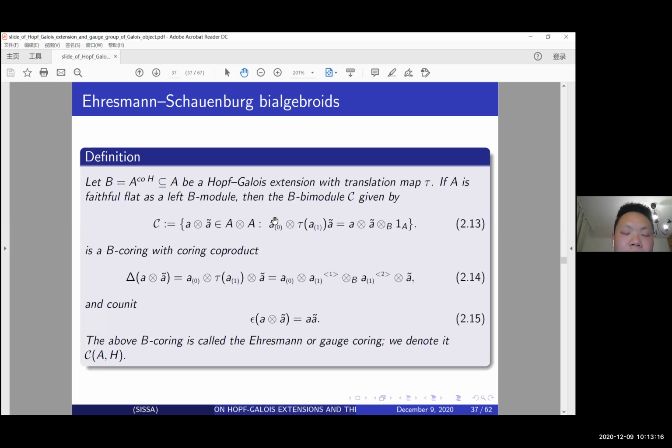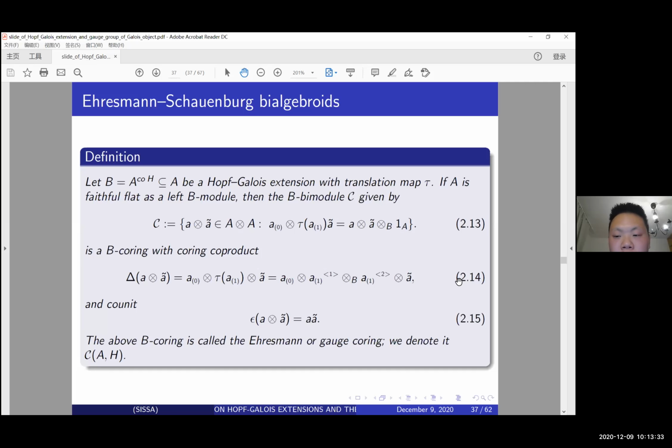But first, let's define the Ehresmann-Schauenburg bialgebroid as a vector space given by 2.13 with the help of the translation map. And the coproduct is given by 2.14 with the help of the translation map.